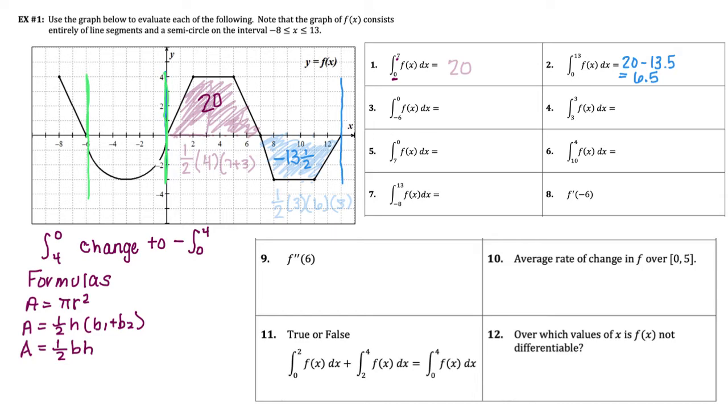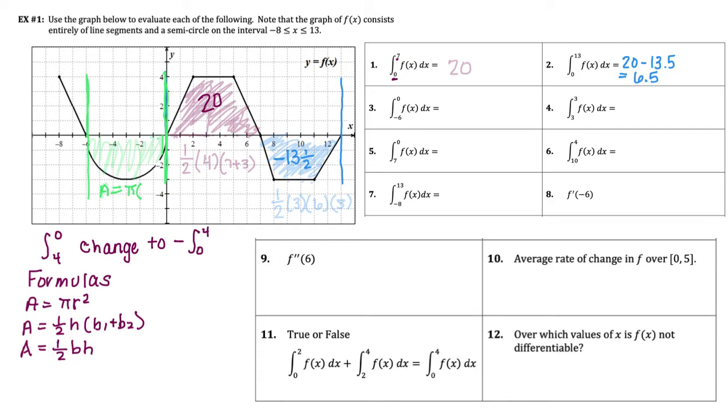So that looks like a semicircle. So we're going to find this region below here. We're finding that area. So area is going to be equal to pi times r squared.